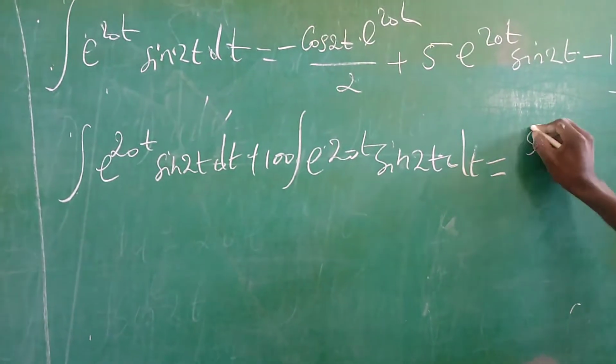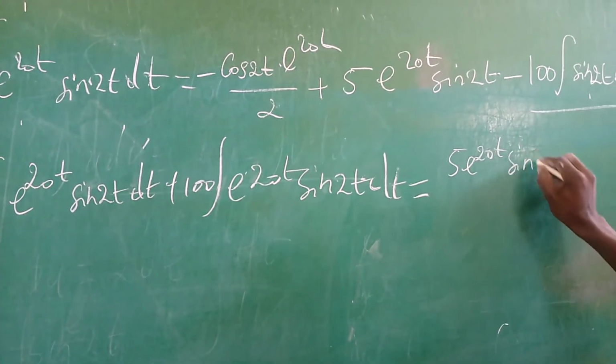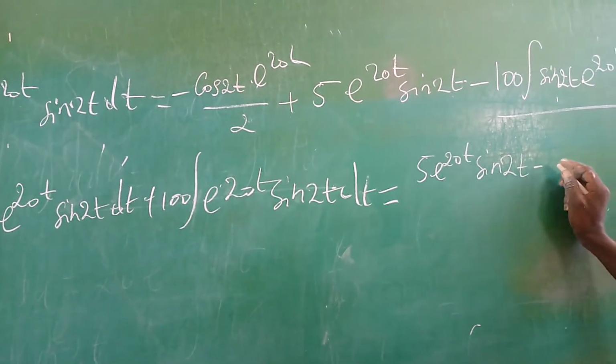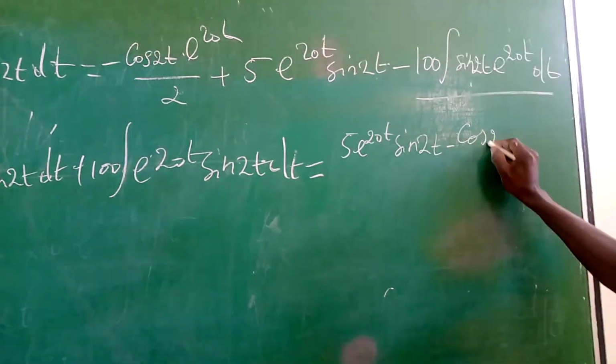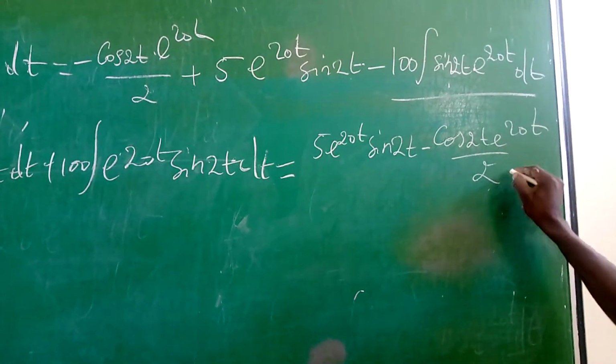5 e^(20t) sine 2t negative cosine 2t e^(20t) over 2.